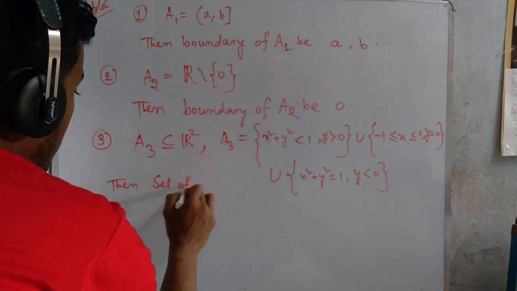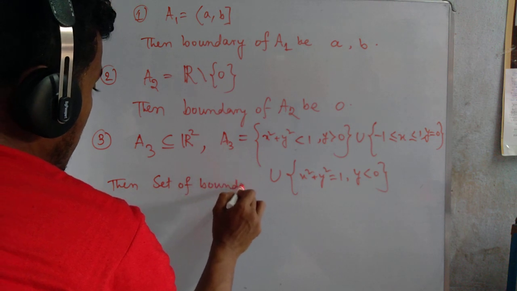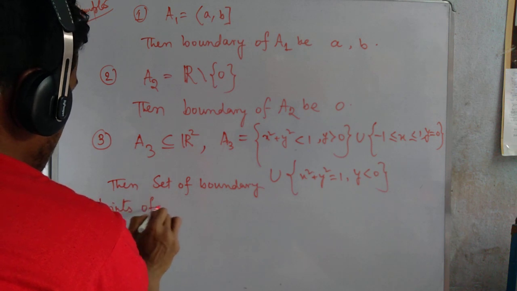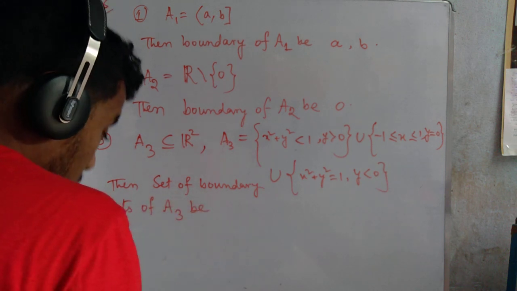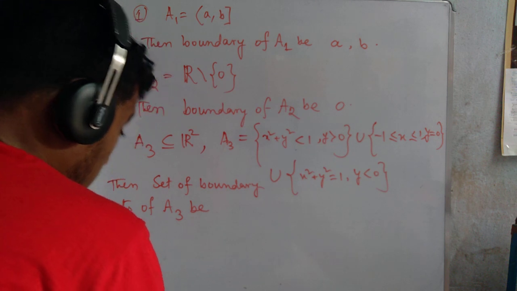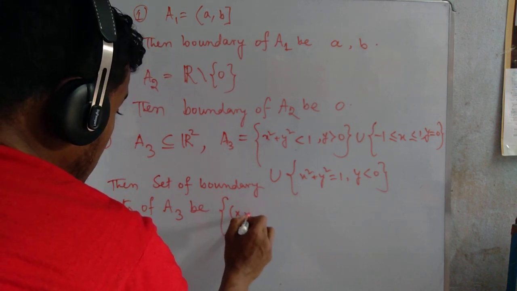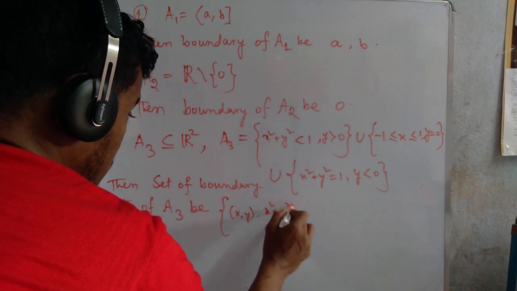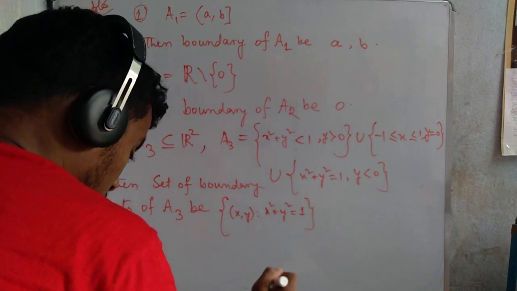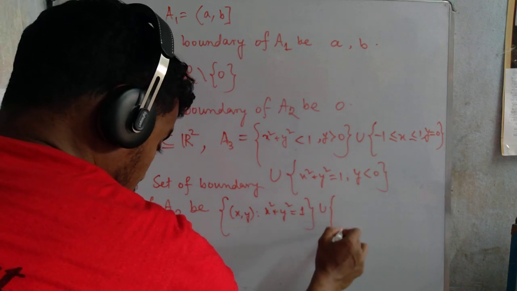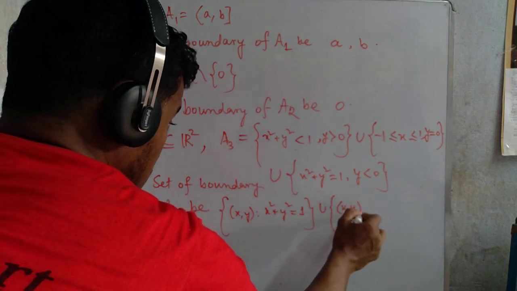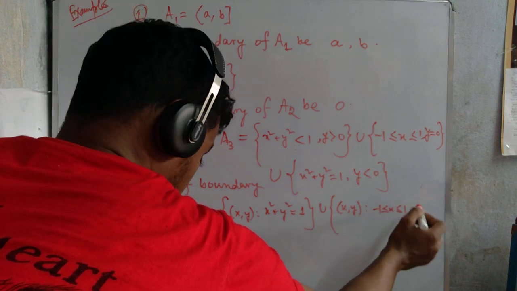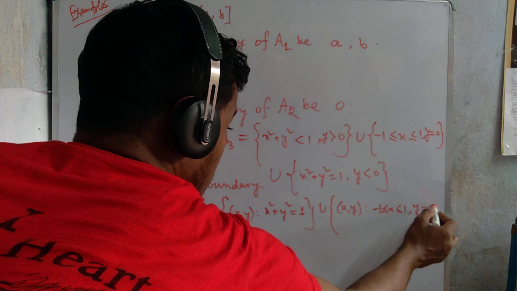In this way we write it: the set of (x, y) such that x square plus y square equal to 1, union of those (x, y) such that minus 1 less than or equal to x less than or equal to 1 and y equal to 0.